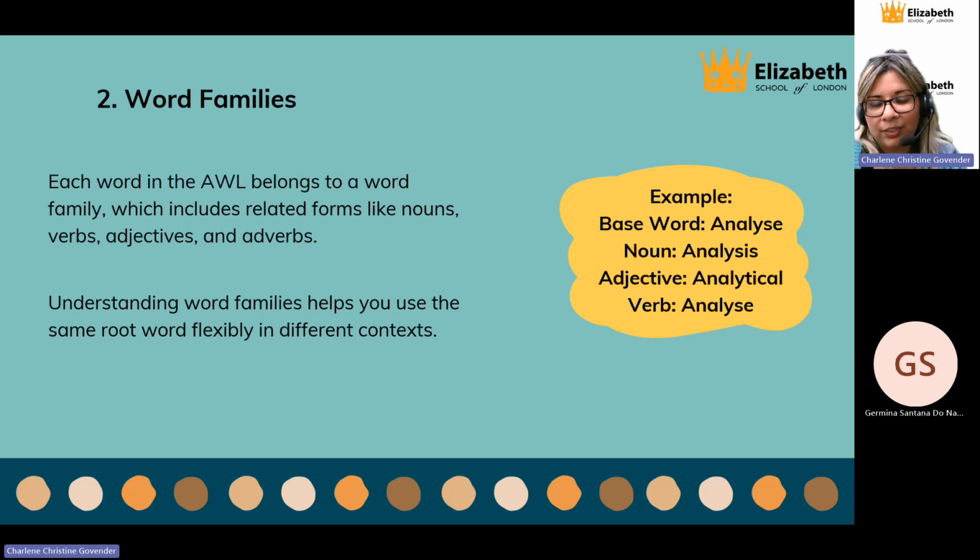So if you see the noun analysis, you're like, oh, that is the act of somebody looking at it with analysis. An adjective describing the personality of somebody: they have an analytical personality. The verb: I will analyze that sample, as in I will look at that sample tomorrow. So knowing the root word helps you to understand the other parts of the word family.